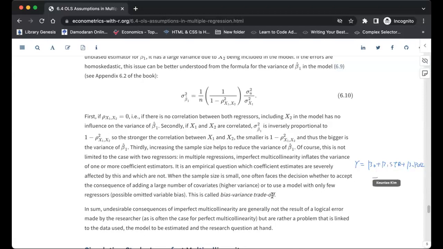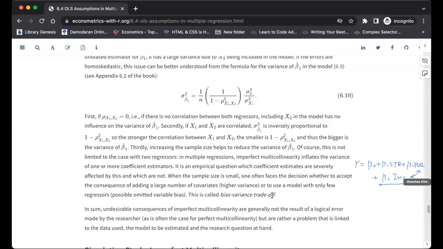What if we add another variable, beta 3, income, for example? If some students have a high-income household, there is a high possibility that those students already learned a lot of English before they go to school. So that means these two are going to be highly correlated to each other.